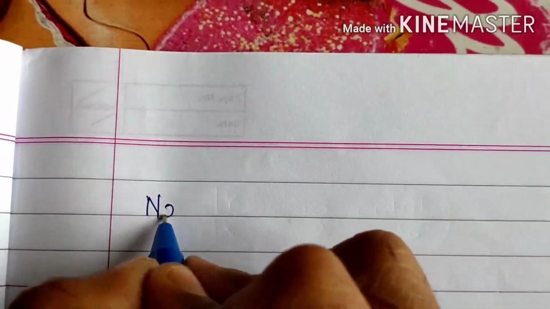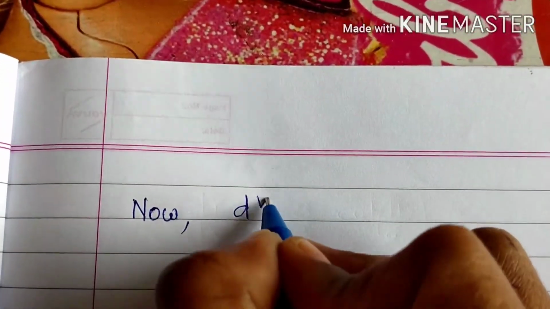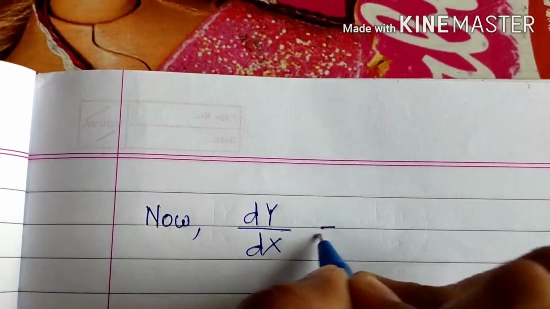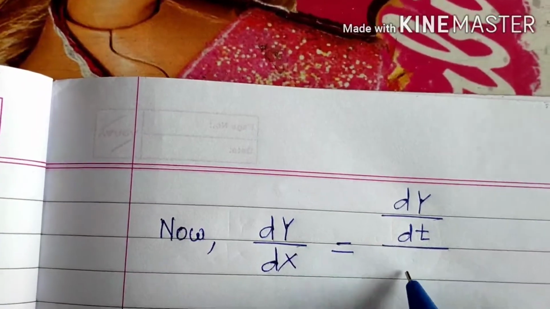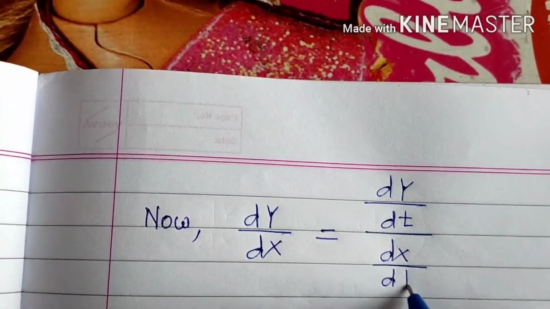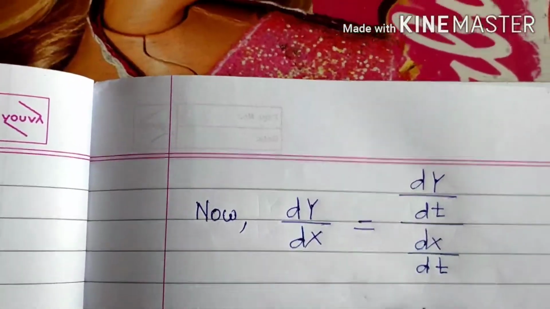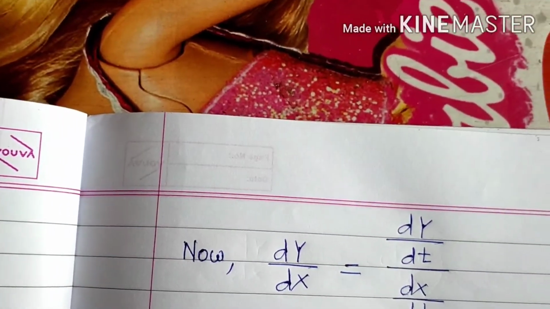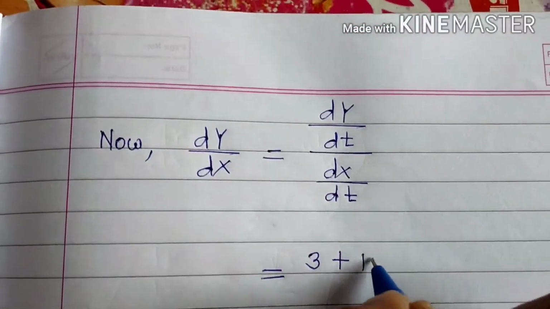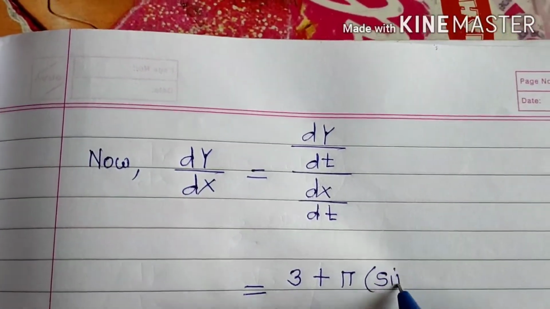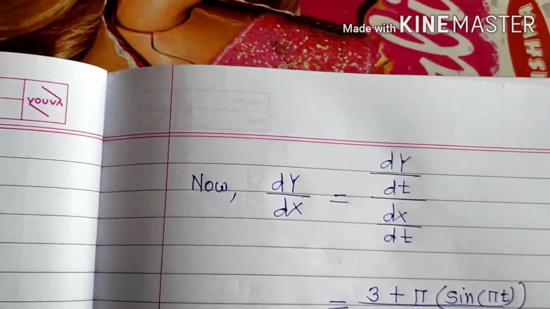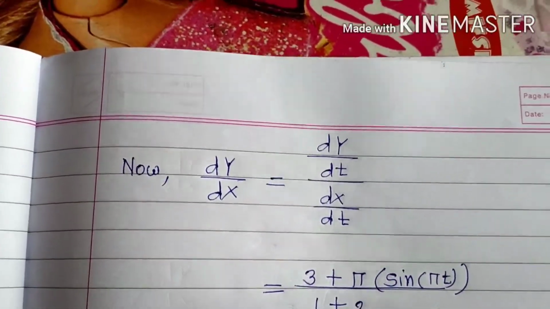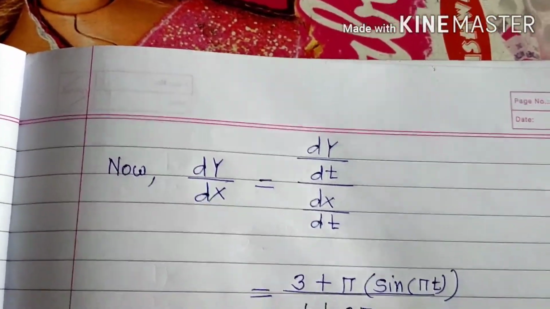Now use the formula. Put the value of dy upon dt, which is 3 plus pi into sine pi t upon 1 plus 2 pi into cos pi t.